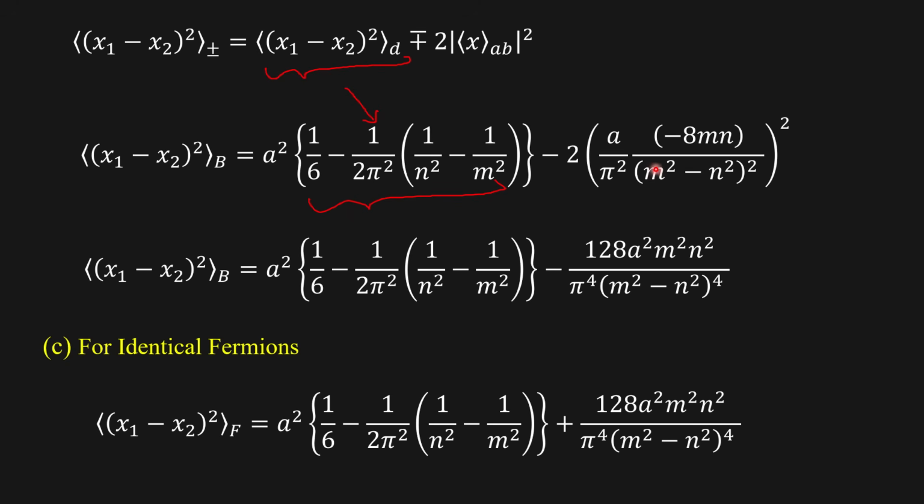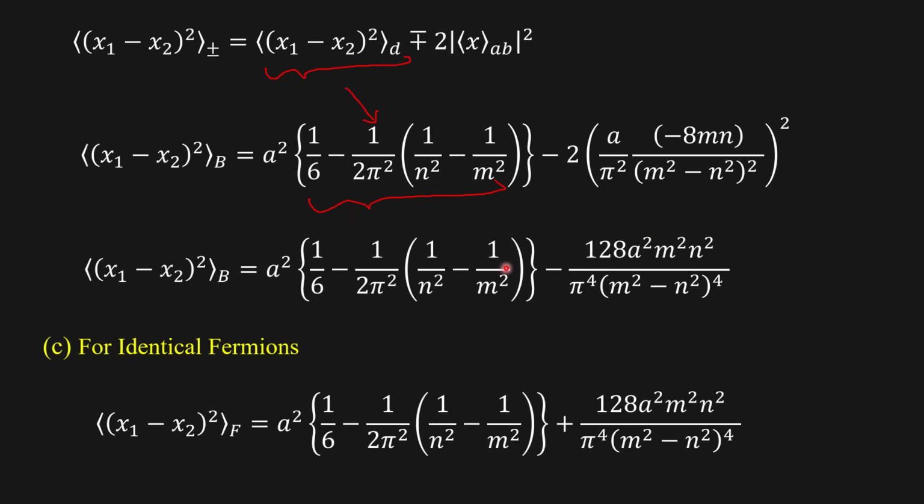And the interaction term we got is minus 2 times this, the expectation value of the product, equal to a over pi squared times minus 8mn over (m squared minus n squared) whole squared. Just now we have seen that. So if you bring these two inside, 8 squared is 64 plus 64, and if you multiply, you will get 128. So you got this term.